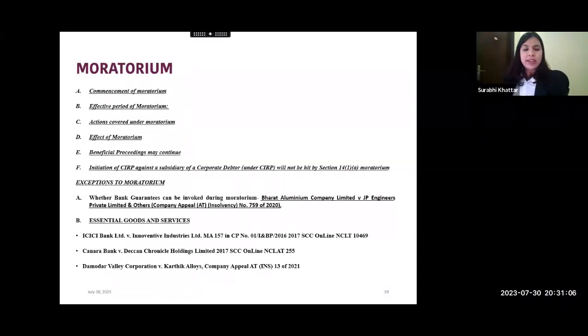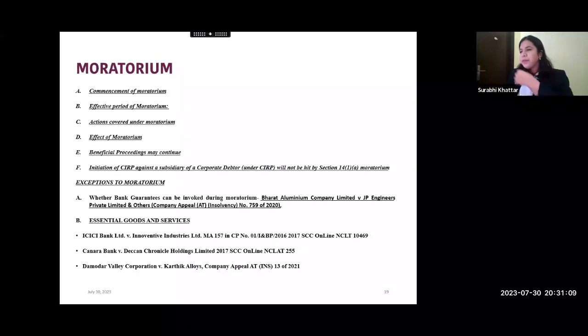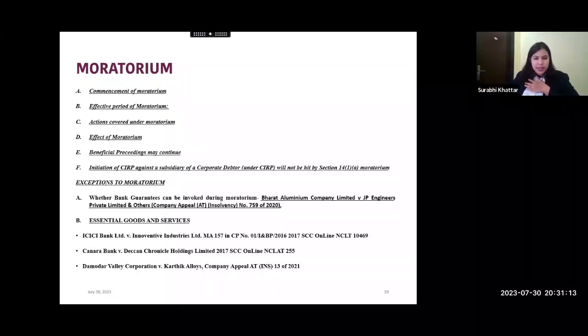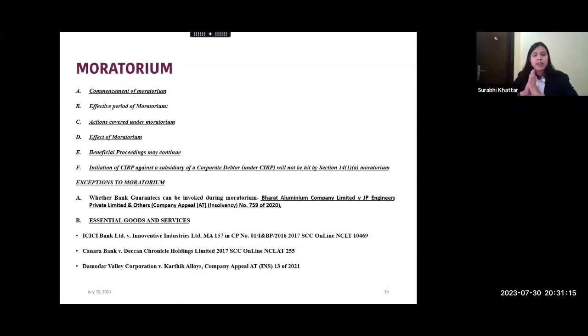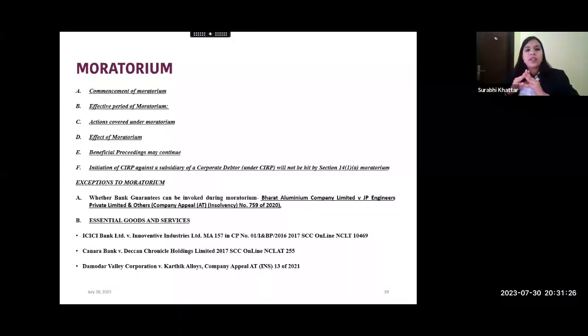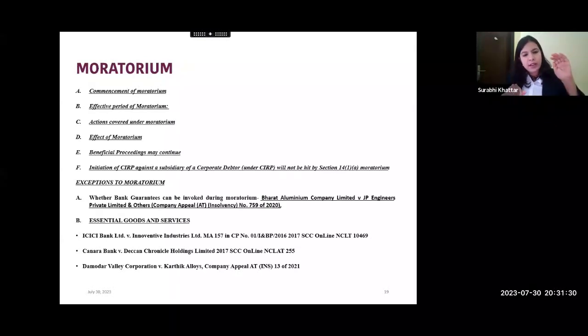Now, coming to the next important issue of moratorium. Moratorium essentially means that this is the period where there will be no initiation of further proceedings, or the existing proceedings will come to a halt, and there will be no security enforcement during this period. It starts from the date when the NCLT admits the Section 7, 9, or 10 petition, and it concludes when the plan is approved.